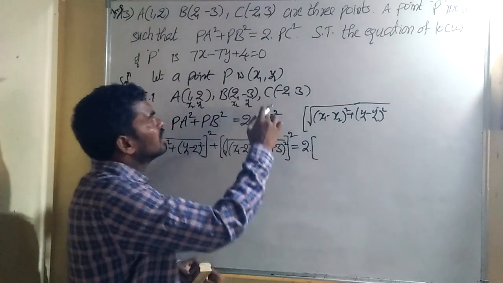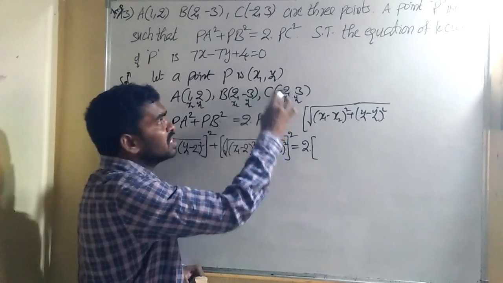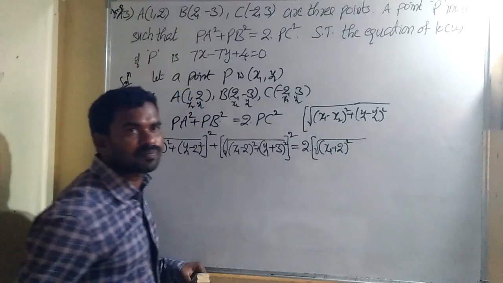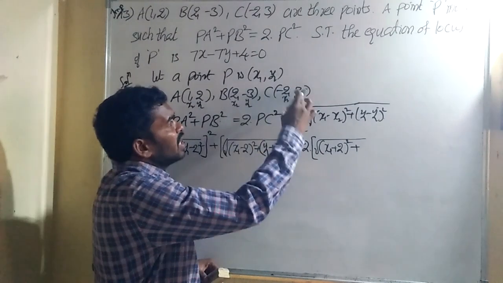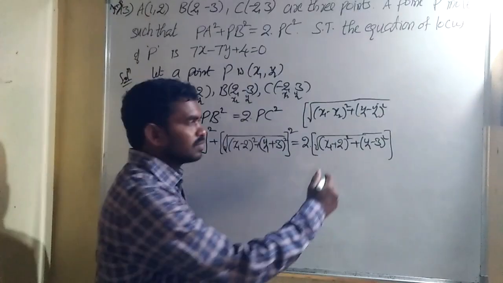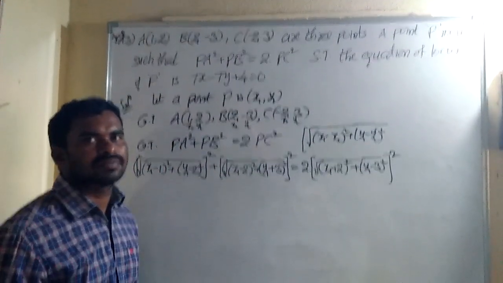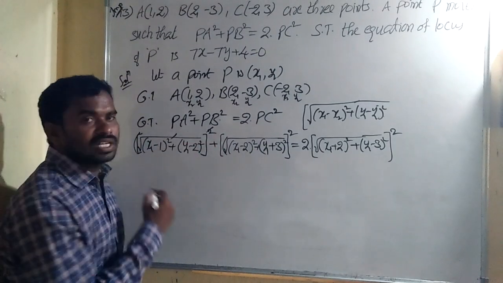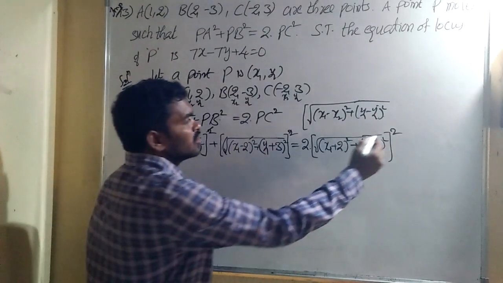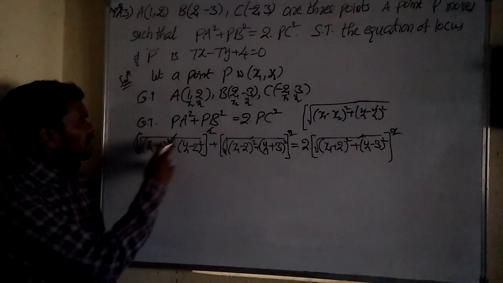Next PC whole square, means from P to C, so x1 minus x2, x1 minus of minus 2 means x1 plus 2 whole square, then plus y1 minus 3 whole square. Now the square roots cancel.